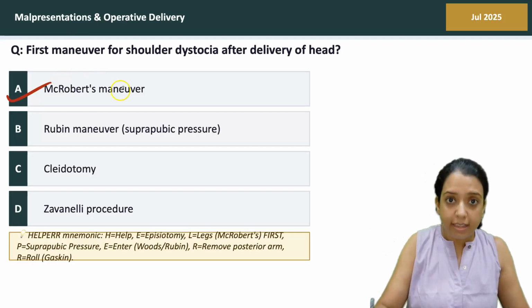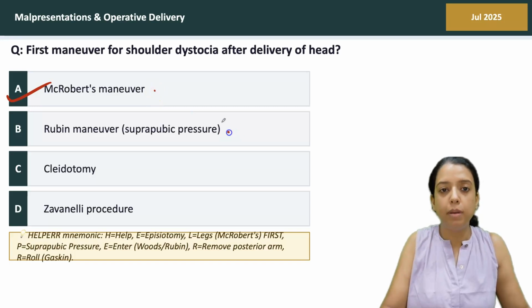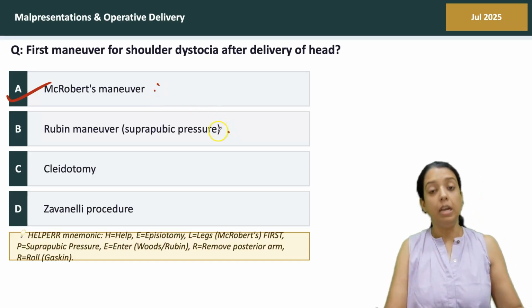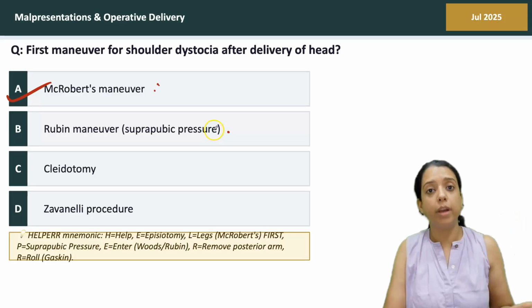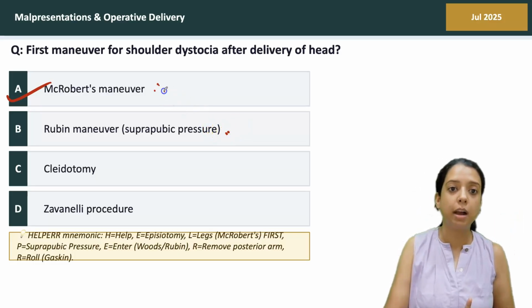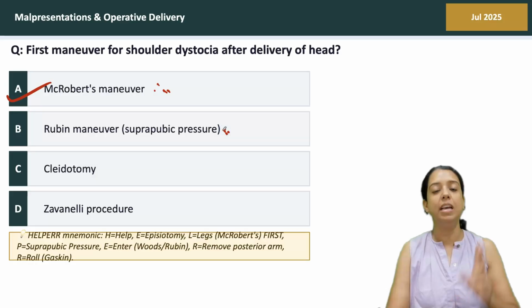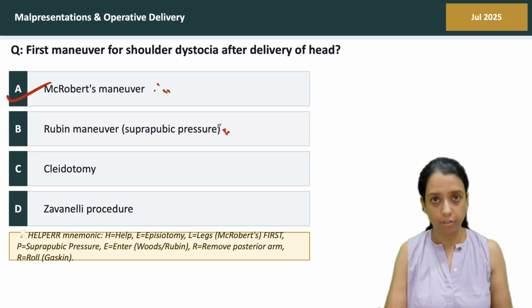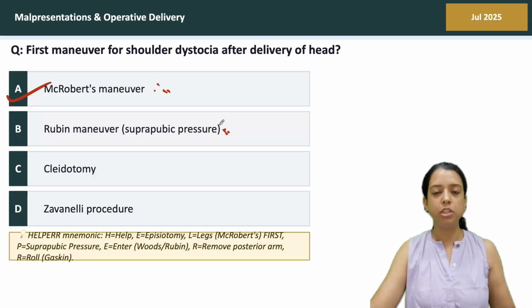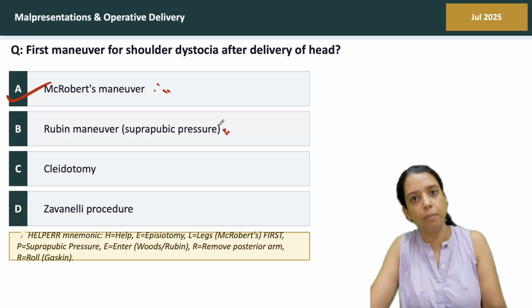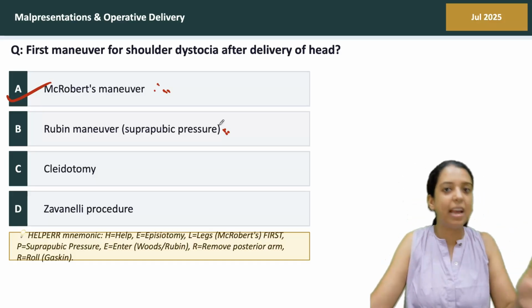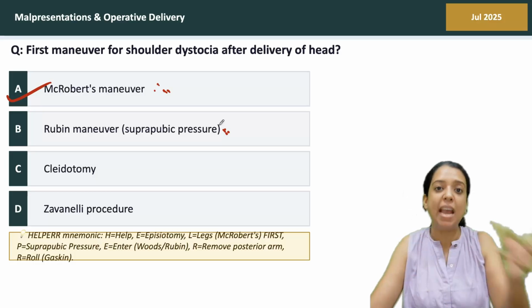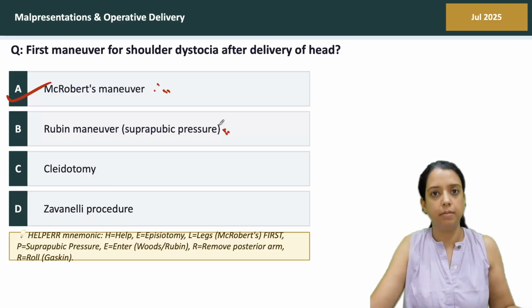Right? Now, in this question, McRoberts and suprapubic both are given. As such, both are done together. But in case the question comes with both these options, McRoberts is chosen first. All the books always mention McRoberts first and then suprapubic. So McRoberts is mentioned before suprapubic.